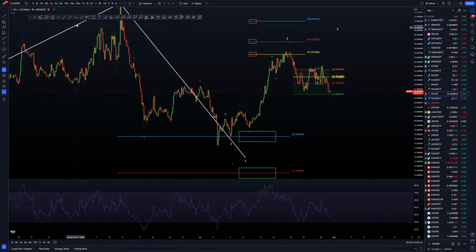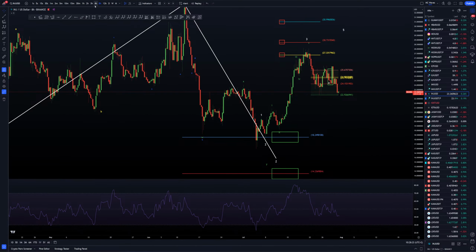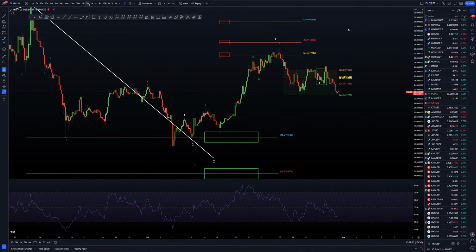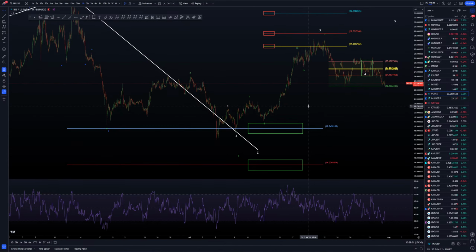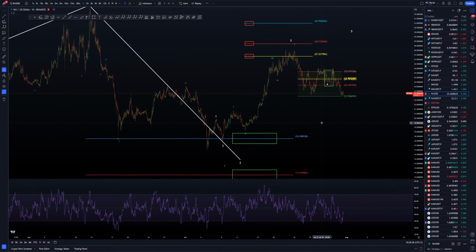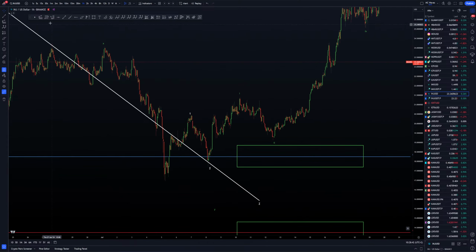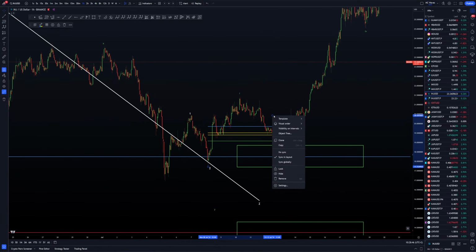This is not a wave 4 anymore now. We are way too low for this. Can this be a flat here?